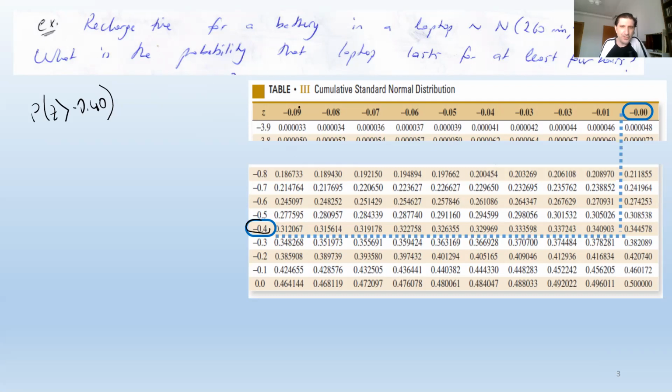And this column values, for instance, this is going to read as minus 0.49. And this is minus 0.48. Therefore, we are going to search for minus 0.40. And this is the value that we are interested in. So I'm going to write here.